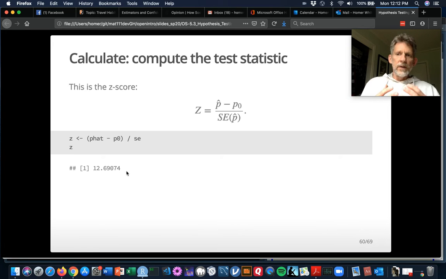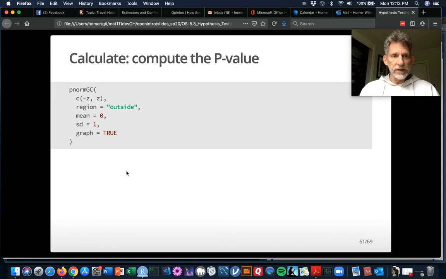So the sample proportion that we got in this data is more than 12 standard errors above what a believer in the null hypothesis would expect. That seems really unlikely. A really unlikely thing to happen if the null is right. But let's find how unlikely by computing the p-value. That's the next part of this compute step.